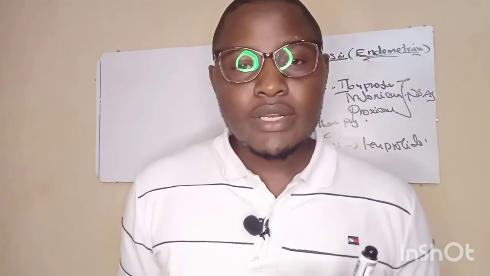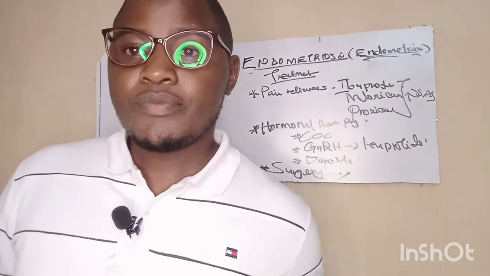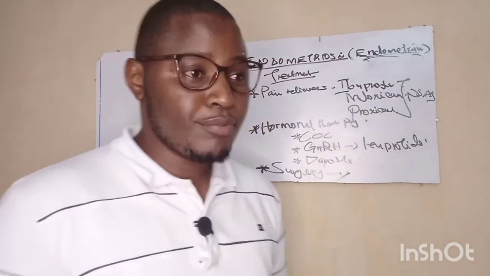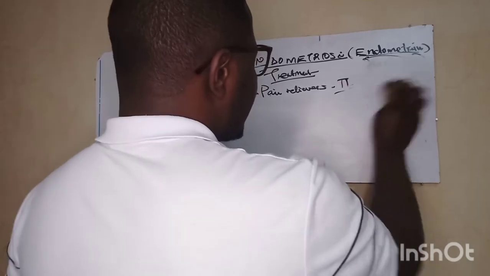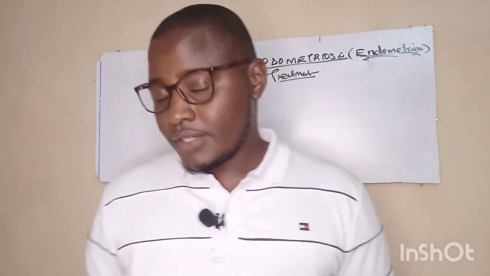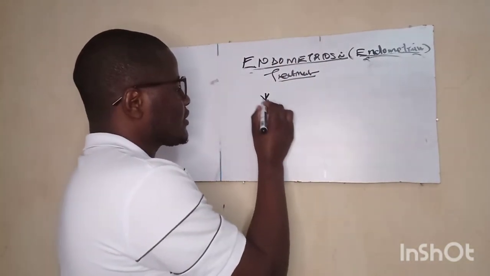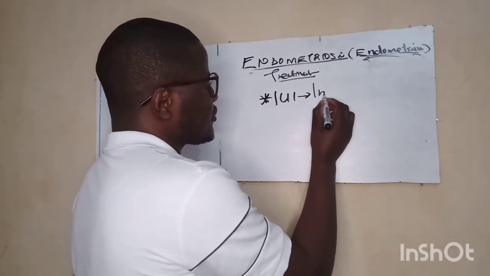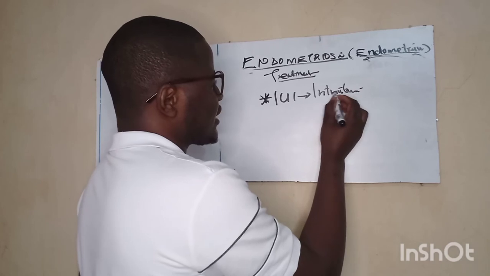I will let you know that in most cases, this treatment may fail to make it possible for you to conceive. And if it happens you may fail to conceive, we can advise mostly on something that we refer to as IUI, or intrauterine insemination.